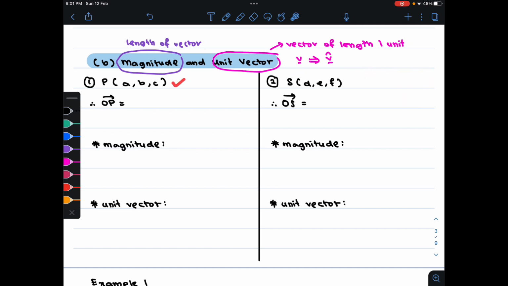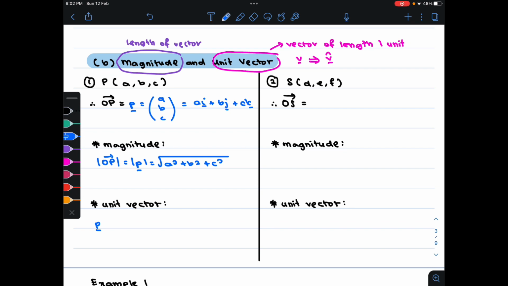So let's try coordinate P (A, B, C). We can write the vector OP as P, and in calculation we can use this bracket to write our vector. However, your final answer should always be in this form, where we have the unit vectors i, j, and k. The magnitude is the modulus of OP, or the magnitude of P, and it is the square root of A squared plus B squared plus C squared.